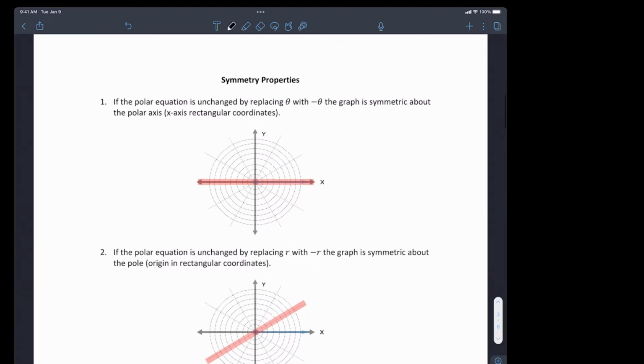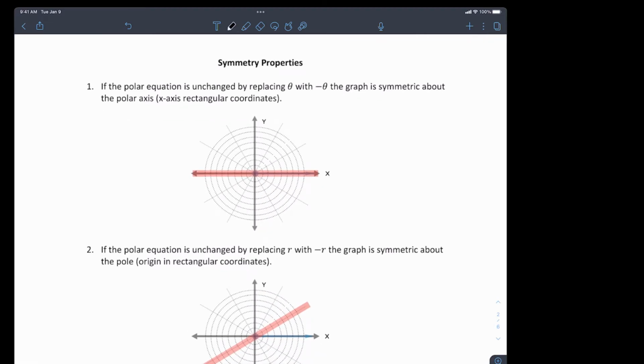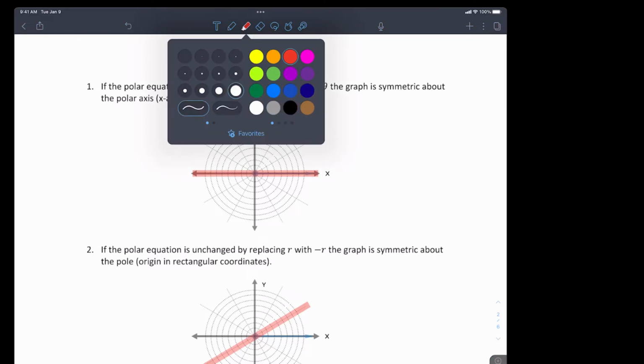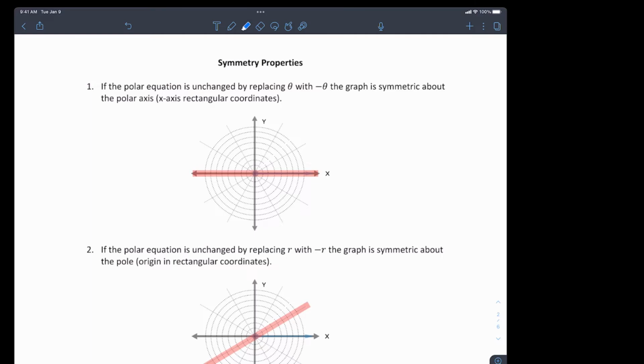And I'm going to remark about this. This is something you want to consider sometimes in graphing, especially when it comes to roses. If the polar equation is unchanged, meaning it's the same, when you replace theta with minus theta, what does that mean?